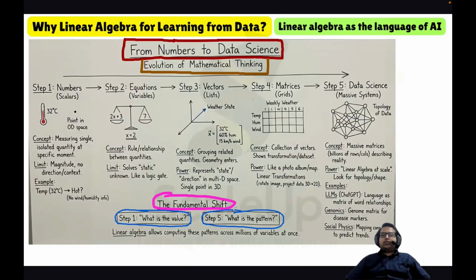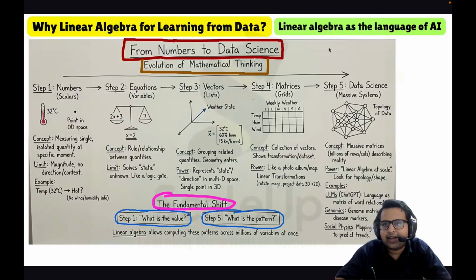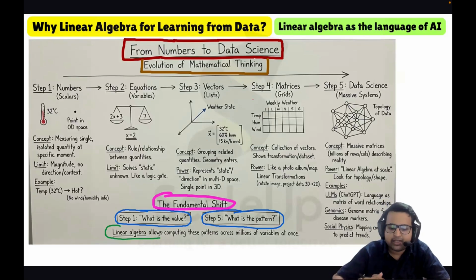Here linear algebra plays a very big role. Linear algebra is the only branch of mathematics that allows us to compute these patterns across millions of variables at once.